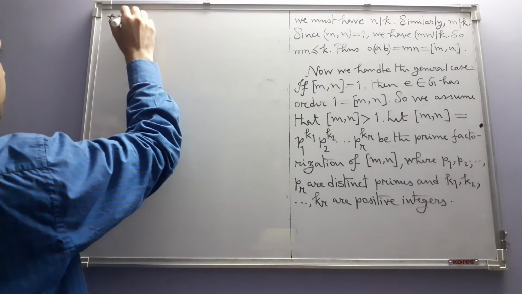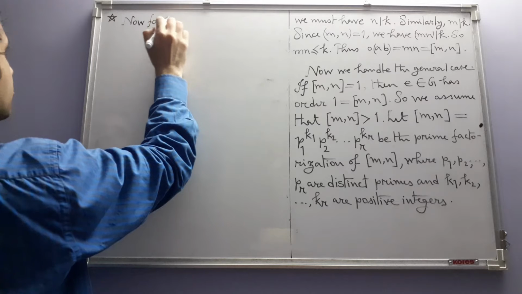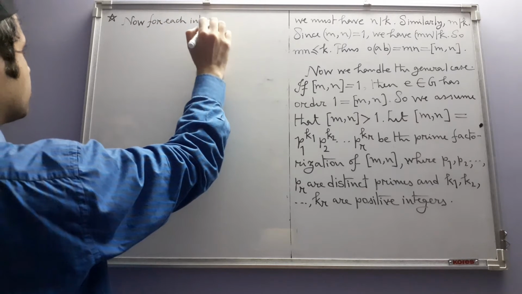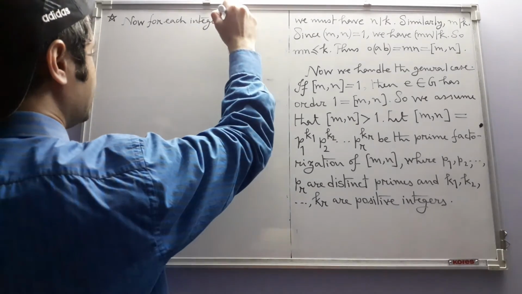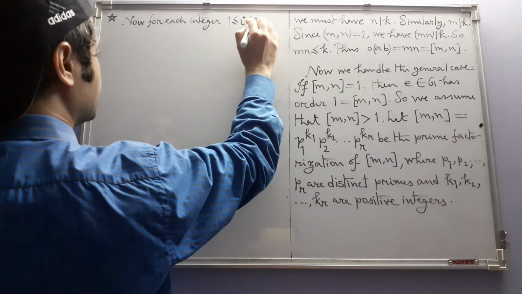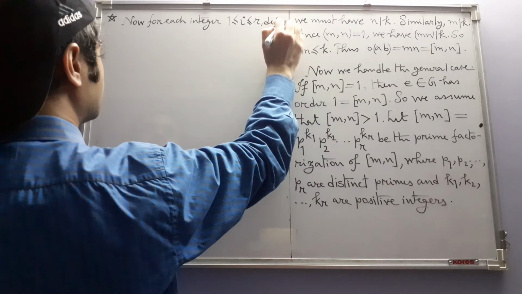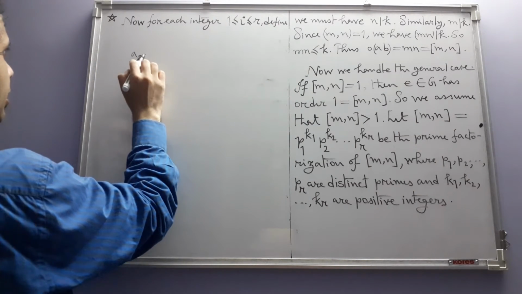Now for each integer i lying between 1 and r, define an element ai.